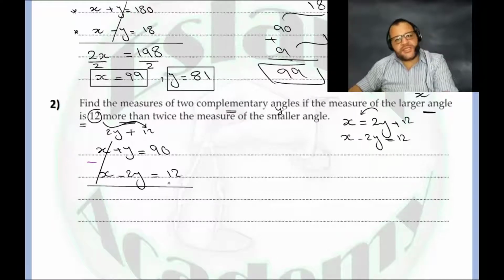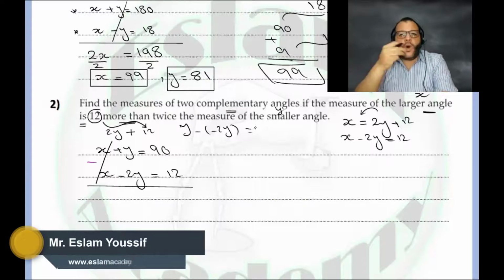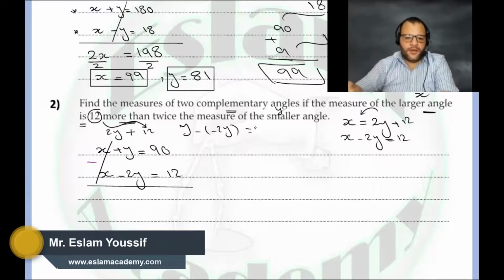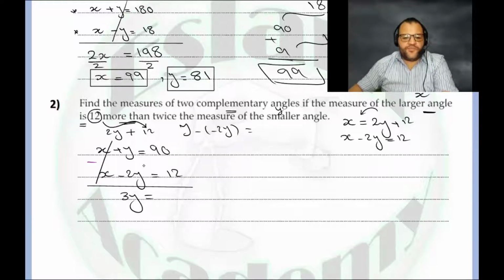y minus negative 2y, it will be 3y. So 3y equals 90 minus 12, which is 78.